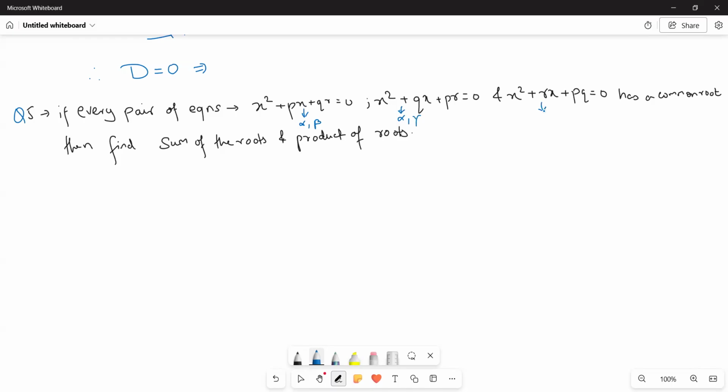And in that case, what will be the roots of the third equation? Beta, gamma. The roots are common pairwise. So first and second will have a common root, second and third will have a common root, first and third will have a common root. All three do not have a common root. Every pair of equations has a common root.